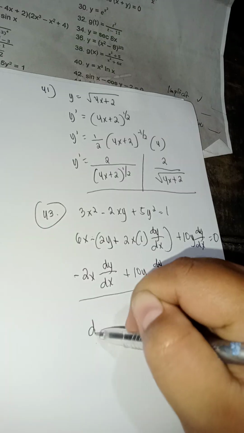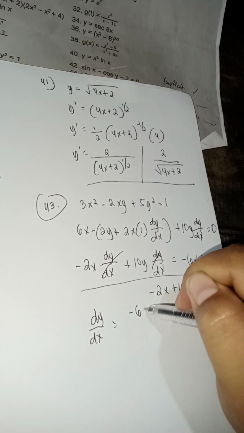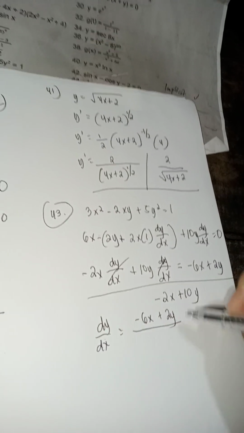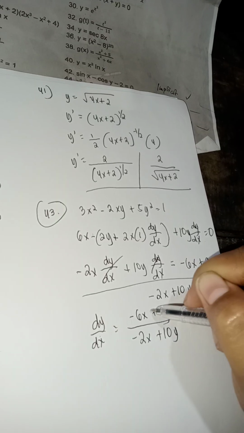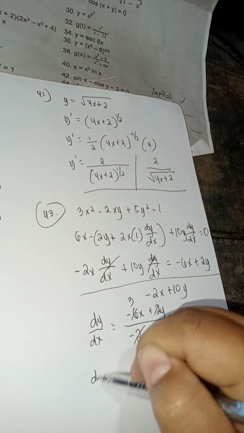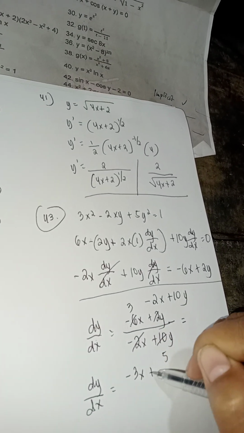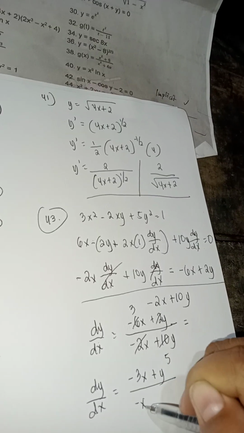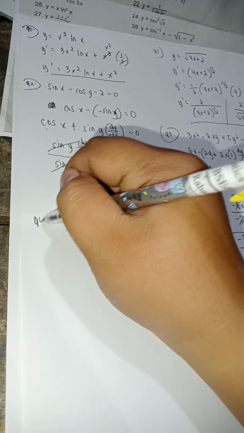So, put the dy over dx here is equal to negative 6x plus 2y over negative 2x plus 10y. Since they have a common factor of 2, we can simplify. For dy over dx, the correct answer would be 3x plus y over negative x plus 5. This is our final answer for number 43.